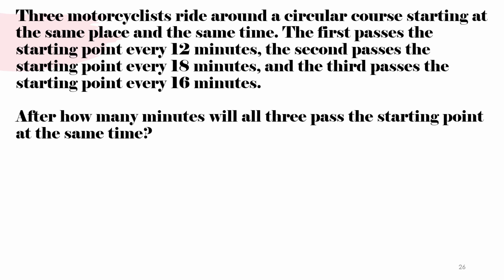So the first motorcyclist is the fastest, the second is the slowest, and the third is in the middle. After how many minutes will all 3 pass the starting point at the exact same time? So what we're looking for here is the least common multiple of our motorcyclist times.